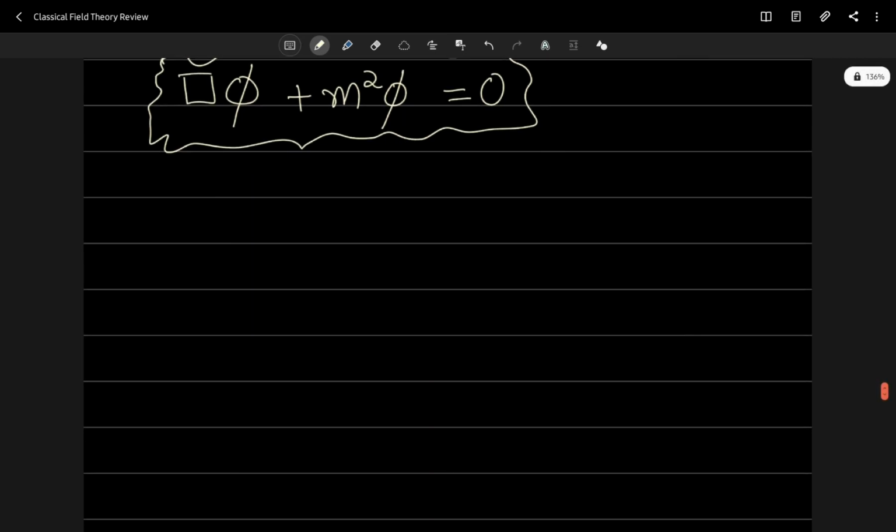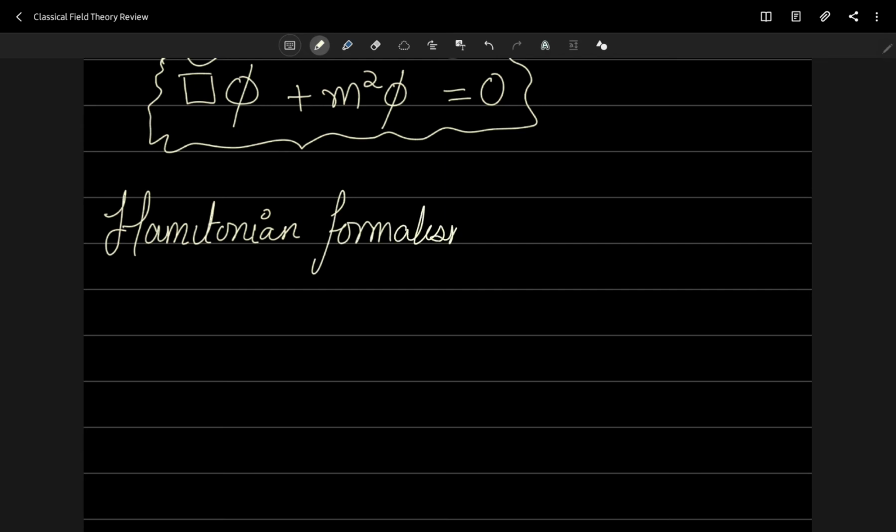Now we can finally move on to what is known as the Hamiltonian formalism. Actually, a much better way to build or guess a quantum theory with the correct classical limit, which is determined by the Lagrangian density, is the Hamiltonian formalism.